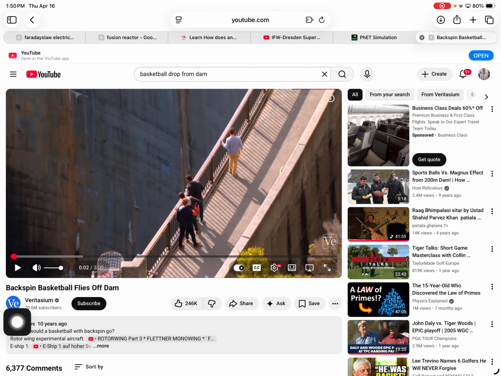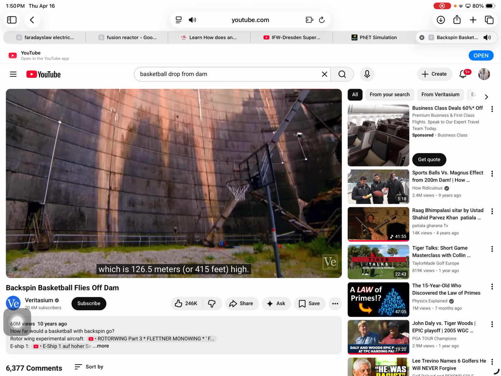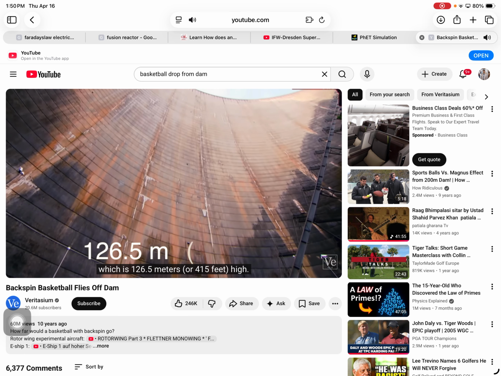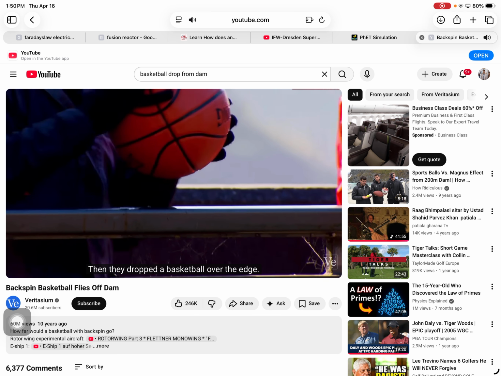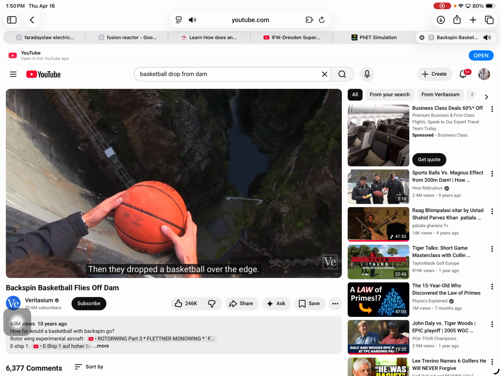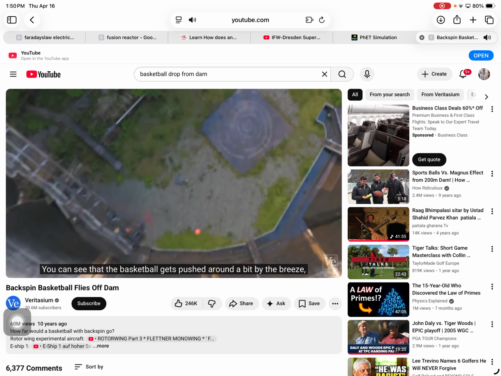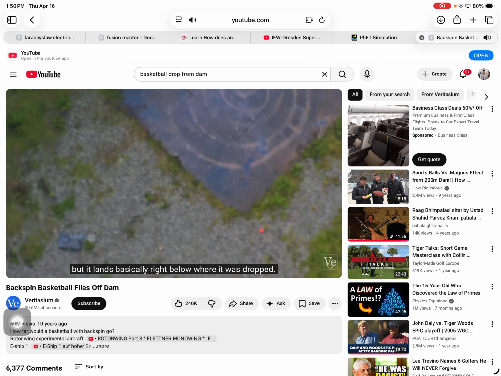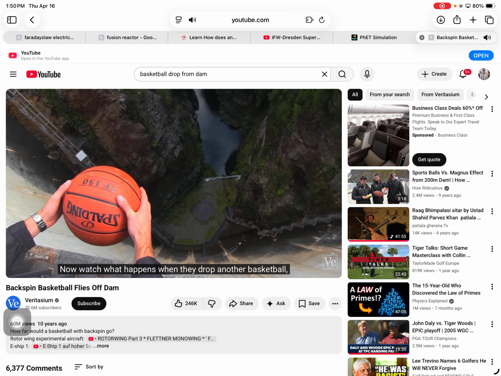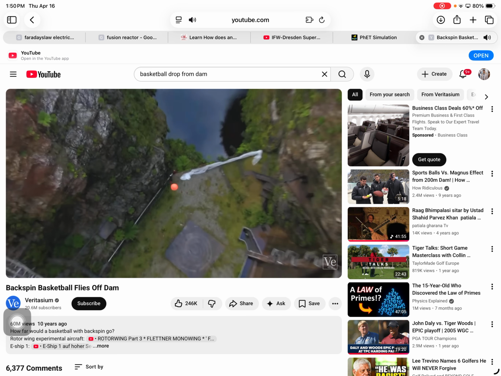Okay. Here's viscosity. Recently, some friends of mine went to the eta, Gordon Dam in Tasmania, which is and, here's how you 126 and a measure it. half meters, So you or would use, 415 let's say, feet wooden- high. Then they dropped a wooden basketball boards, over the edge. Put the liquid there. You can and what see you that do the is basketball you gets pushed pull around on a bit by the stop breeze, board. but it You lands measure basically the right force below that's where it needed was to dropped. maintain a constant Now watch what velocity. happens when they All drop right, ready? another basketball, but If this there was time no with a bit friction, of if you had backspin. applied a force, then this top Whoa, board look would at that accelerate. go!